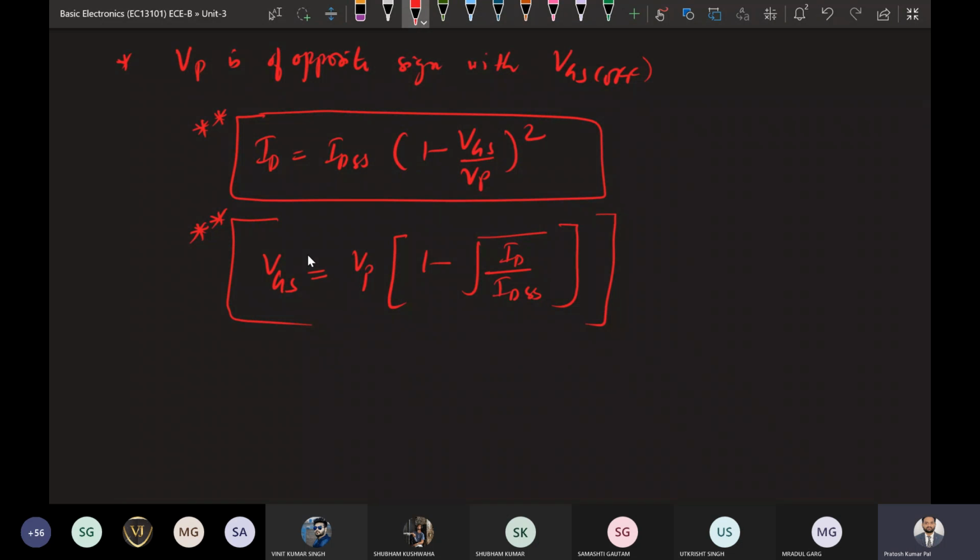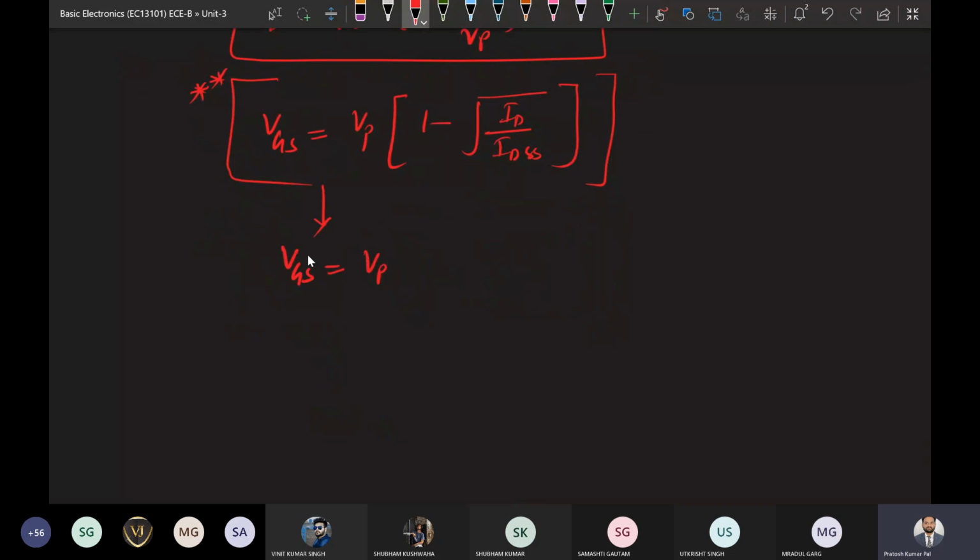Sometimes VP and VGS are defined. If we put the value of VGS equal to VP into the equation, we get VP equals VP times (1 minus the square root of ID by IDSS).